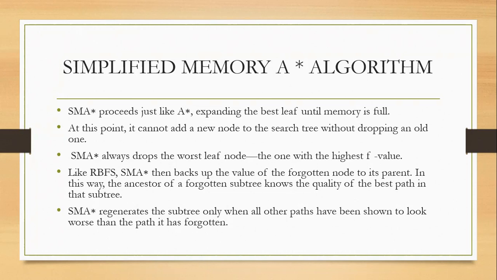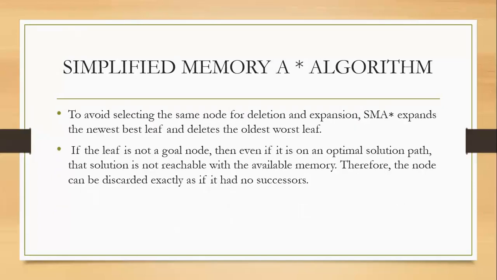In this way, the ancestor of a forgotten subtree knows the quality of the best path in that subtree. It also regenerates the subtree only when all other paths are known to be worse than the forgotten path.